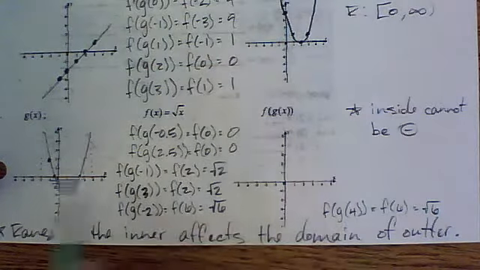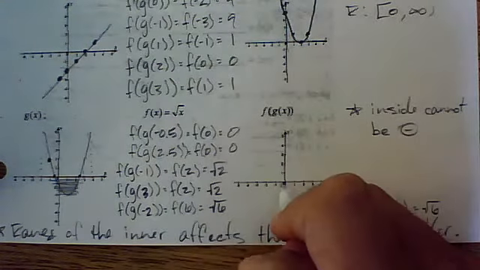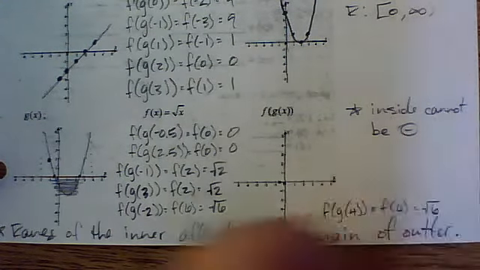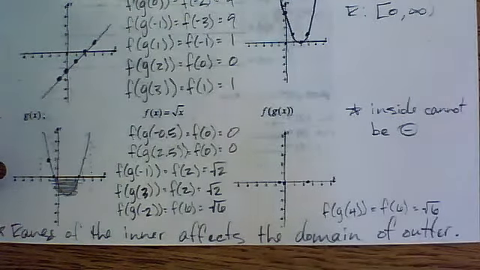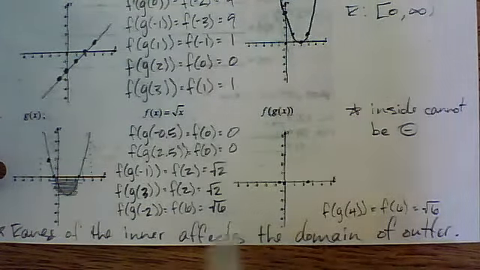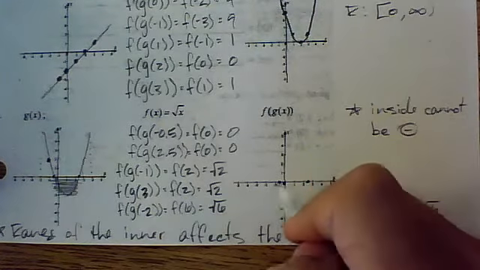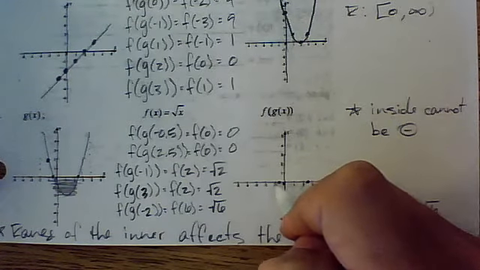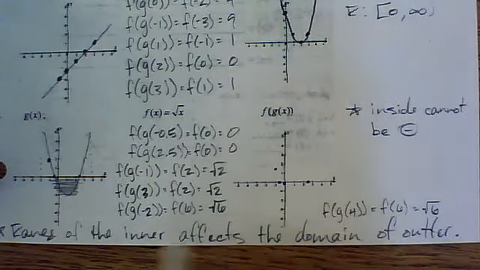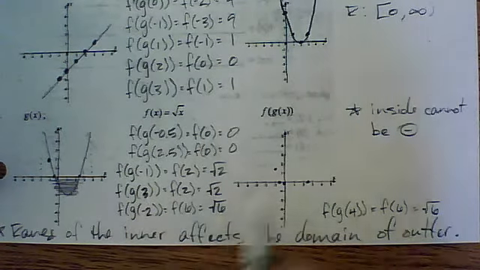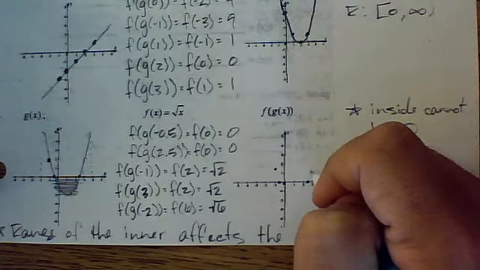So let's graph these points. When I plug in a negative 0.5, I get 0. When I plug in a 2.5, I get 0. When I plug in a negative 1, I get the square root of 2, or 1.4, something right in there. When I plug in a 3, I get square root of 2.